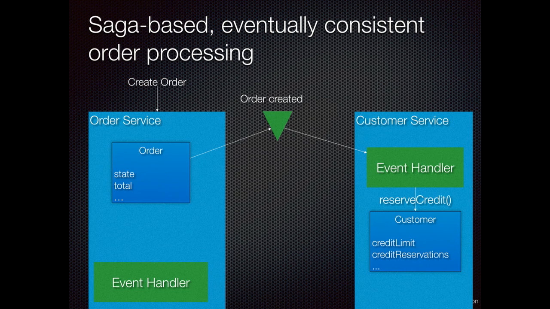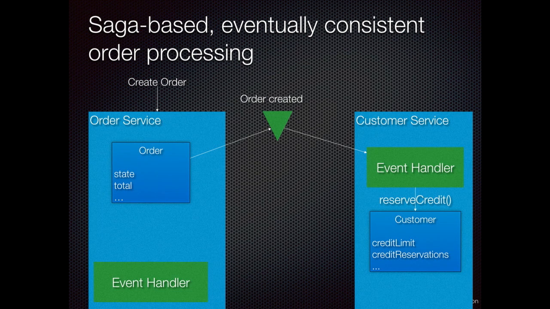The customer service will receive that event and then attempt to reserve the credit. So in this model, the customer is keeping track of which orders have used so much of the available credit limit, and it will attempt to reserve credit for this newly created order.